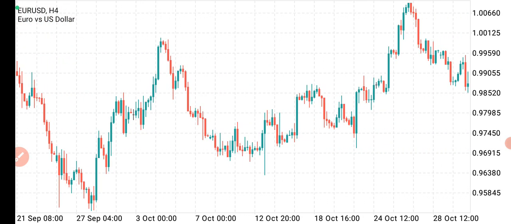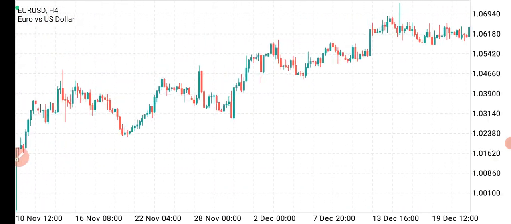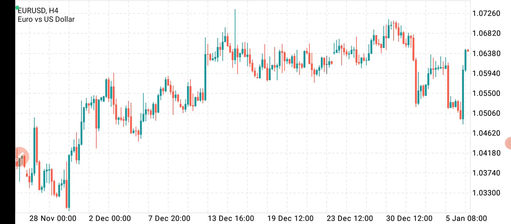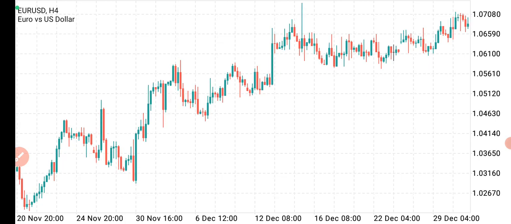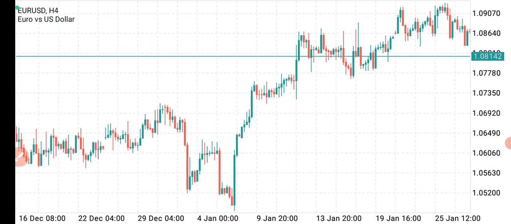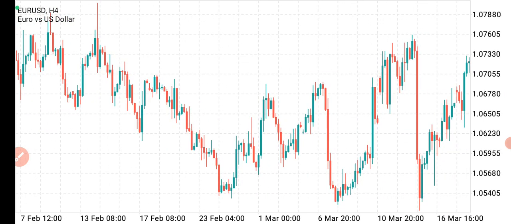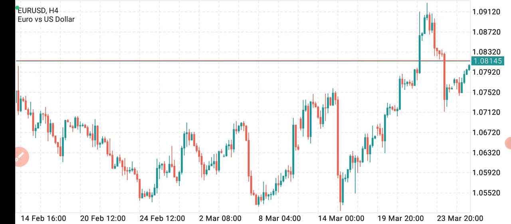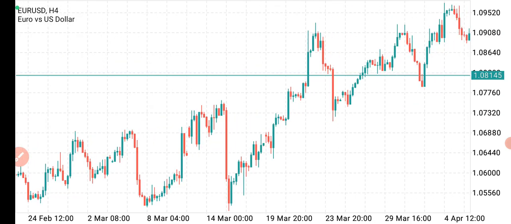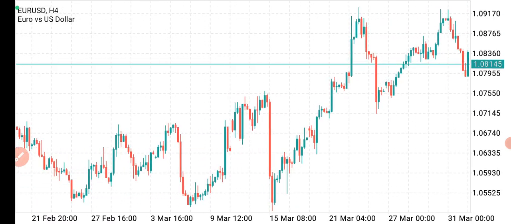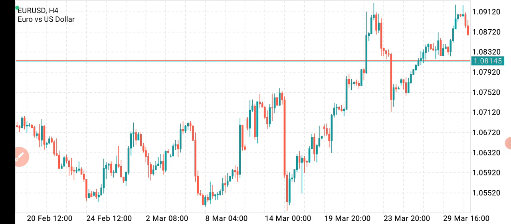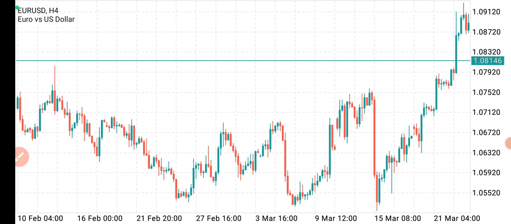The first thing you need to do is identify the direction of the market, which means you need to identify if the market is either bullish, bearish, or a ranging market. What am I trying to say? You need to establish if you are in a downtrend, an uptrend, or a ranging market.